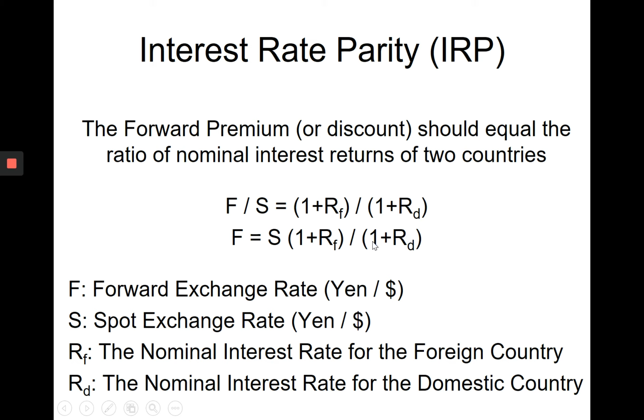Then we made the proceeds into Swiss francs, so we multiply by S, or for every dollar we got 5 Swiss francs. And then we invested the money in Switzerland, and now we are multiplying it by 1 plus the Swiss interest rate for 6 months. So the 3 operations on the right hand side: borrowing in the US, discounting by dividing by 1 plus RD, exchanging at the spot market, and then investing in Switzerland is a money market hedge.